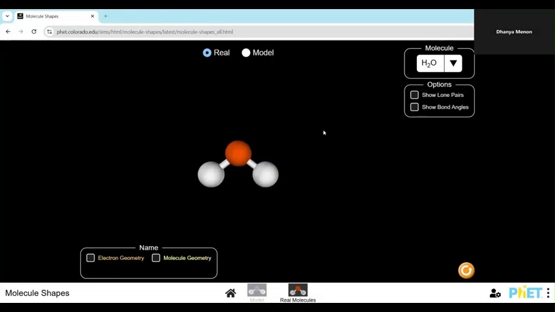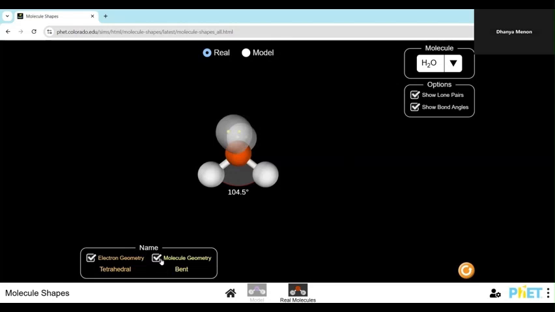So suppose if you see here, this is water. Okay? So I'm just showing the lone pair and the bond pair. In some books it is 105, in some books they show 104.5. And this is the electron geometry. That is, geometry is tetrahedral, you know that.